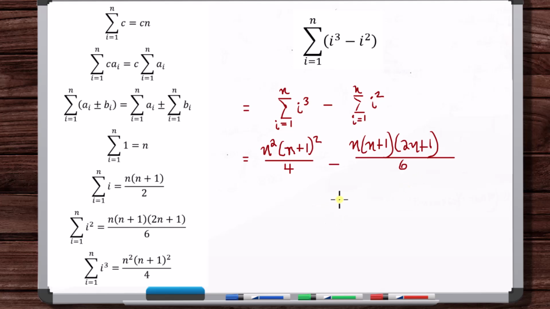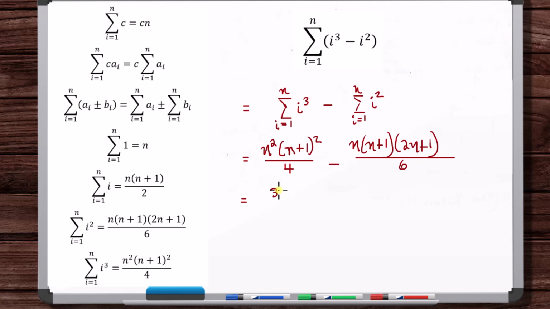Now you can keep going to make your final answer cleaner. In real life, in really any situation, you want to have the cleanest final answer possible. So let's see if we combine these fractions, what happens, and if we can get something cleaner than this. We'll have common denominators.